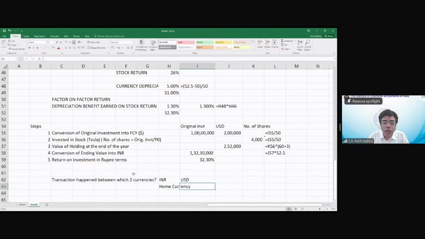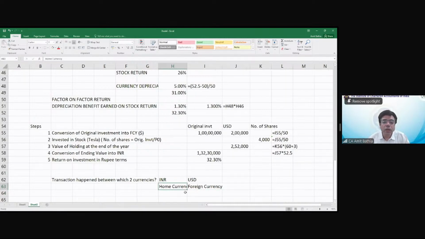The investor is converting Indian currency to US currency. So he's using INR. Yes, exactly, because that is your own currency through which you bought a commodity, right? And the commodity over here for you was US currency. So this is foreign currency. So you have home currency and you have foreign currency.